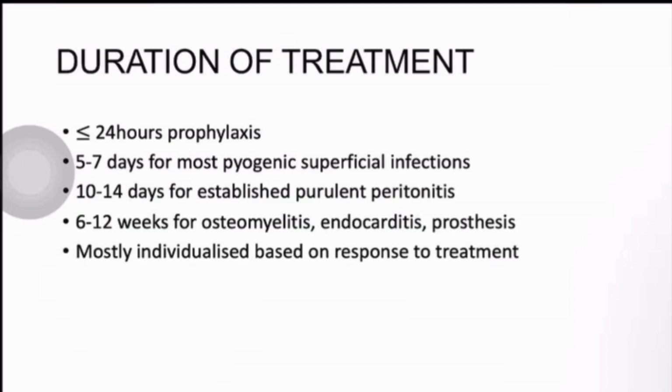So, duration of treatment. For prophylactic use, it should be used within 24 hours, not more than that. 5 to 7 days for most pathogenic superficial infections, 10 to 14 days for established purulent peritonitis, 6 to 12 weeks for osteomyelitis, endocarditis, prosthesis. Basically, the first 2 weeks should be given intravenously.